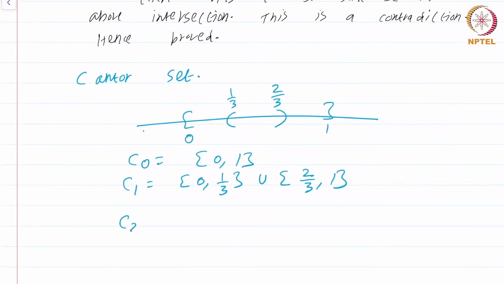Now C2, what I do is the following. I remove the middle 1/3 here. Well, what is that going to be? Think about this. That's going to be an interval of size 1/9. So it's going to be [0, 1/9], then 1/9 to 2/9 has been completely removed from this.